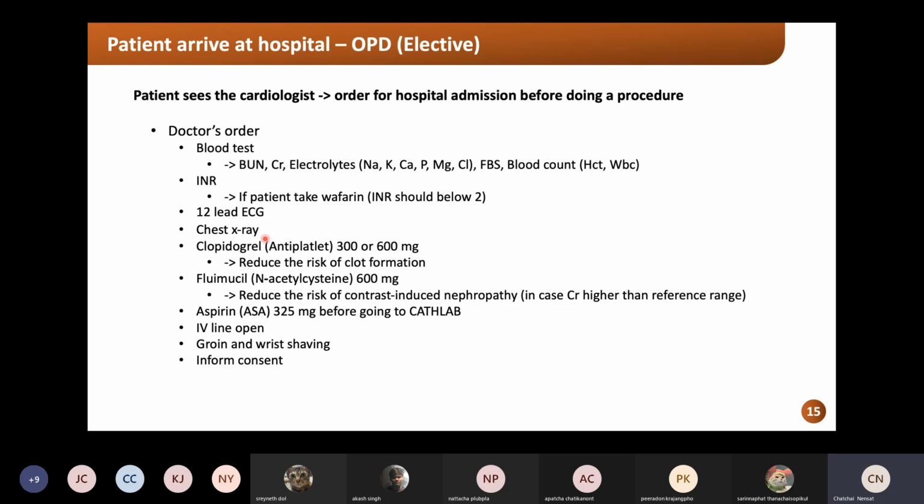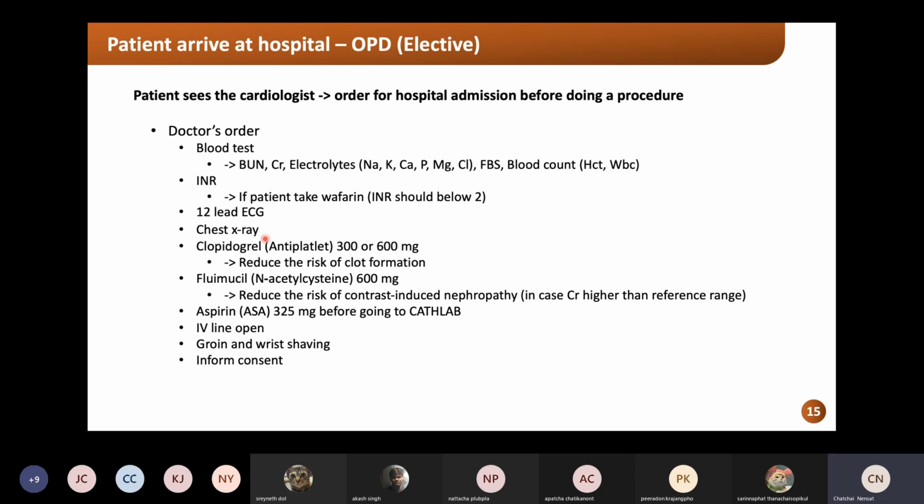And about the flumoxil or N-acetylcysteine, in some hospitals we consider this drug a traditional drug that we always give to the patient before doing a procedure in the cath lab when we have to use contrast media, because it can reduce the risk of contrast induced nephropathy.